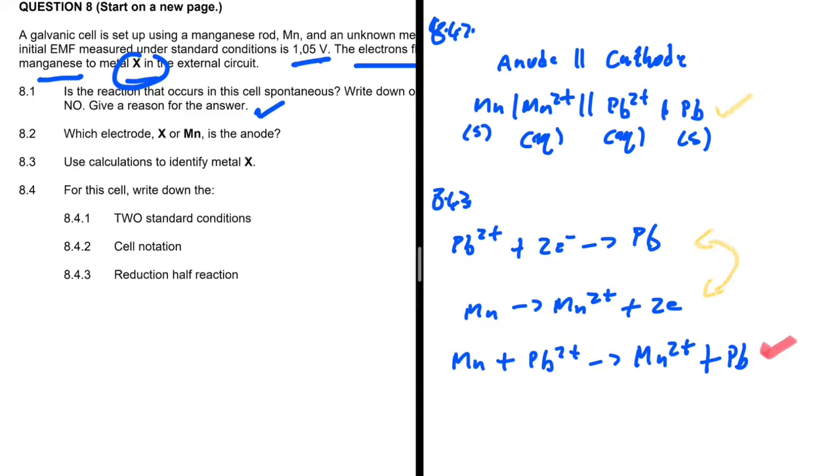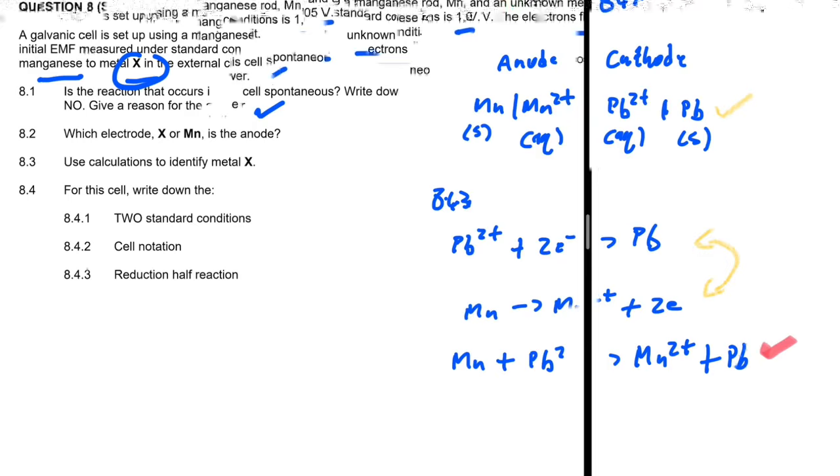Explain why the solution turns blue by referring to the relative strength of the oxidizing agents. So let's go ahead and compare copper 2 plus and silver plus by referring to the relative strength of the oxidizing agents.